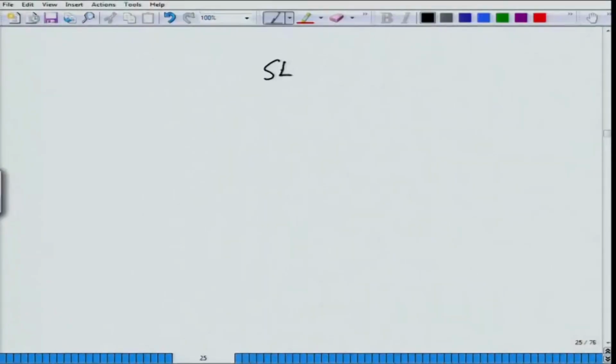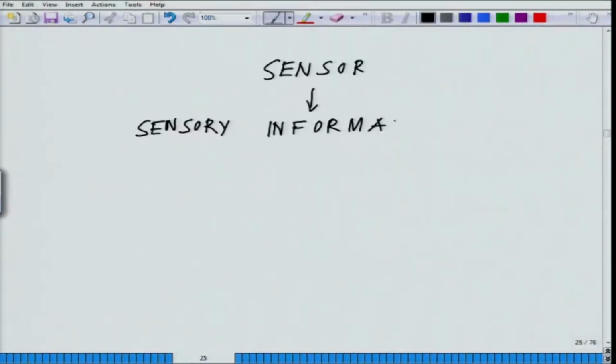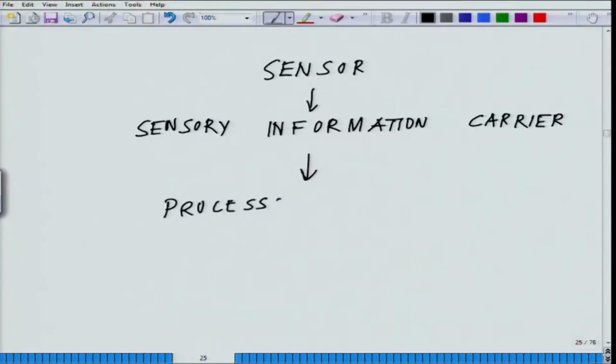To summarize, it should have a sensor, first thing, it should have a sensory information carrier, it should have a processor which will process the information, just like the central processing unit in a computer, and then it should have something to act.